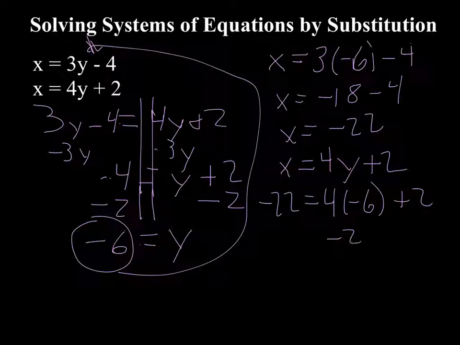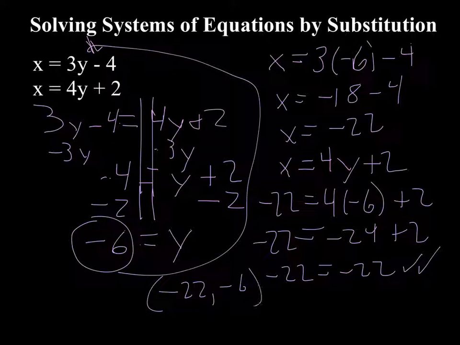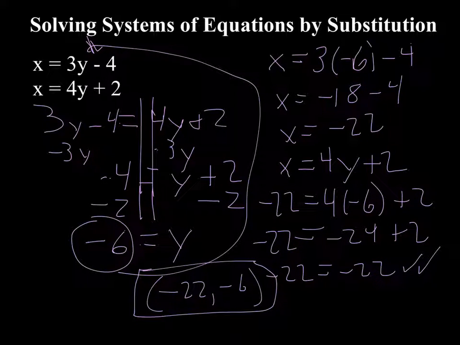And this gives me a negative 24 plus 2 on this side, which does indeed work out to be negative 22 equals negative 22, so that double checks. So my final answer is going to be the x value, negative 22, comma, my y value of negative 6 in a set of parentheses, and you box or circle your final answer.